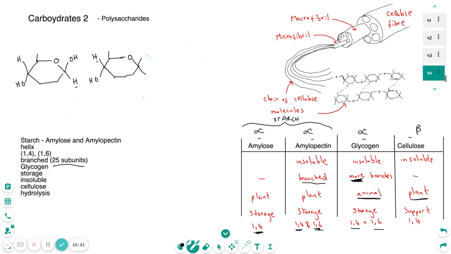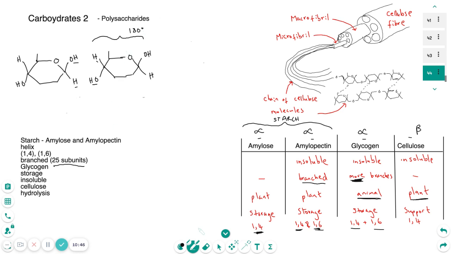So let's put our OH there. So the minute this and this, they can't react with each other. So they need to be able to align themselves. So how that's going to happen is this molecule here, you'll see how I changed the picture around now. It's going to flip upside down by 180 degrees.